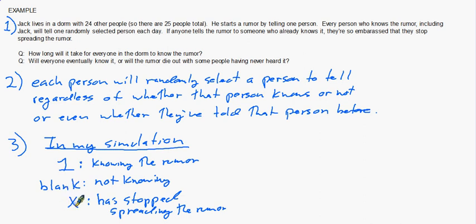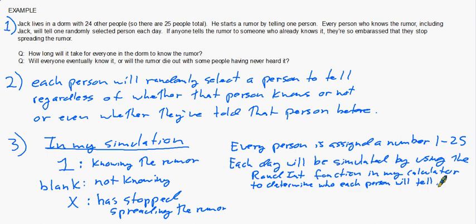Or they might have an X. If they tell someone who already knows, they're going to stop spreading it. So I'll put an X by that person because they're not going to spread the rumor anymore. I'm going to assign every person a number, 1 to 25. I think I'll make Jack number 1. And each day will be simulated by using the randint function in my calculator to determine who each person will tell.